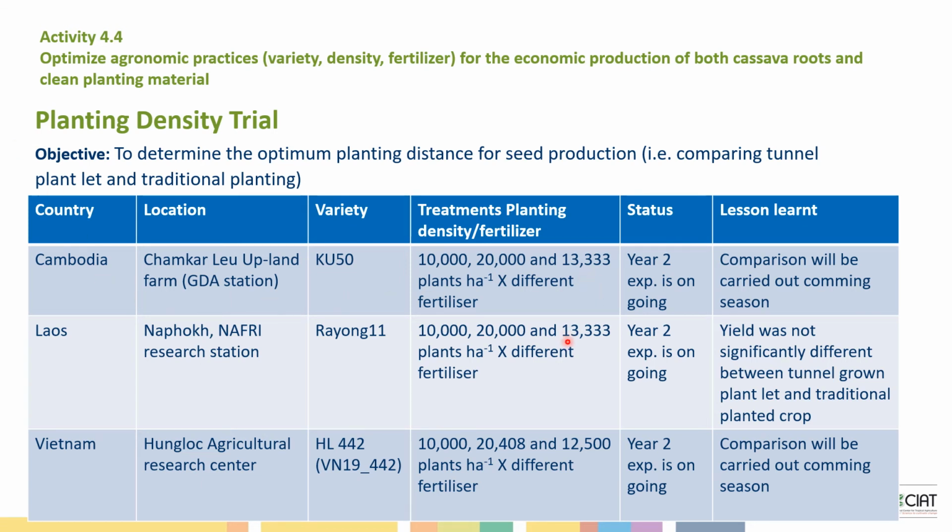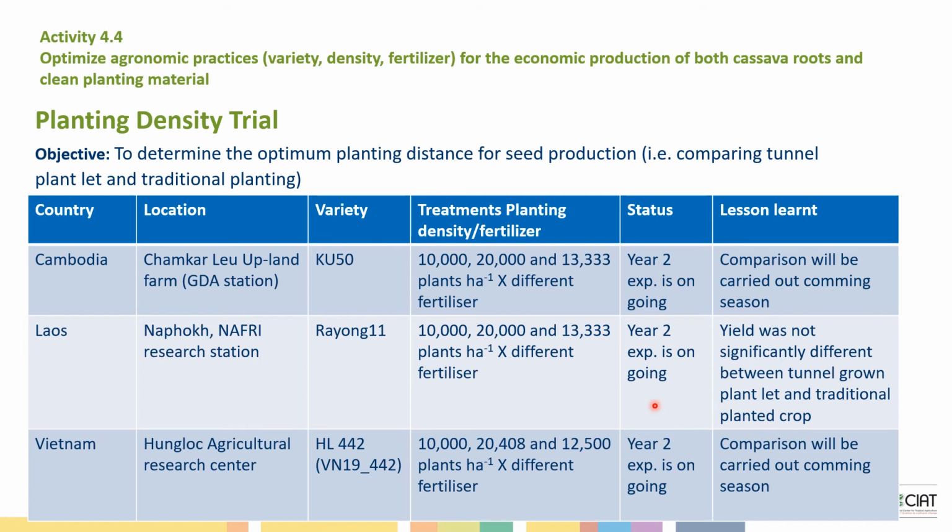So all these experiments are ongoing, and in some places we managed to compare stake-grown plants and tunnel-grown plantlets. But in Cambodia and Vietnam, we haven't managed to do that. In Laos, we have only done it for 1 year, so we need to do these experiments more.